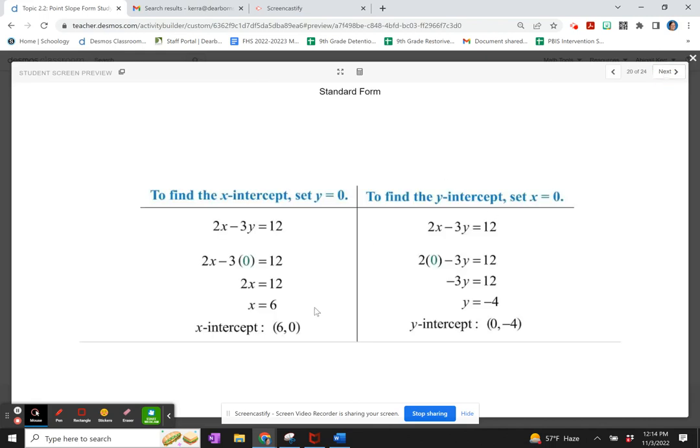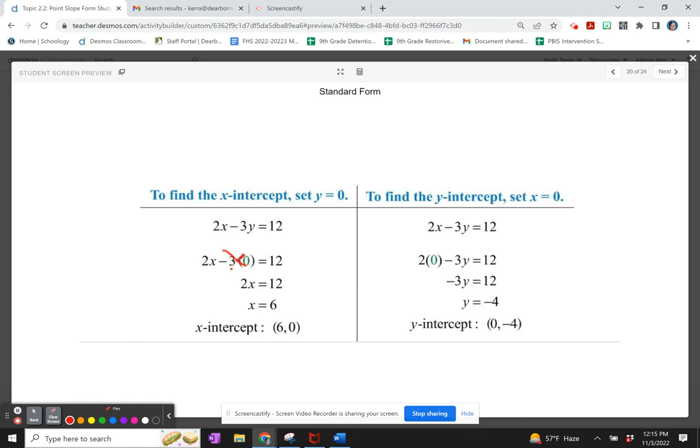We are going to learn the third and final form, which is standard form. So if you watch the video, what my cursor is going over right now, this is called standard form. It's ax plus by equals c. It's when x and y are on the same side. A, b, and c are just numbers. Now to find the x-intercept, you're going to set y equal to 0.